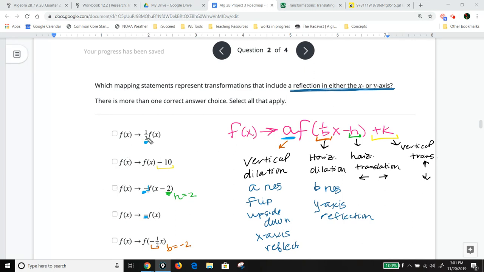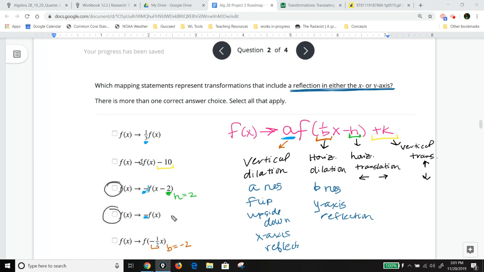So a is a positive, no reflection going on. a is still a positive, there's a super-secret one right here, it's a positive, no reflection. This guy is a reflection, it's got a negative a value, and it has a translation to the right too, but that's not what the question was asking.